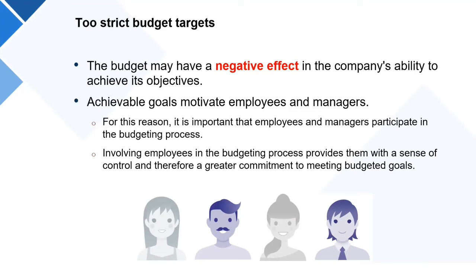So what is the solution? Well, it's to include everyone, as much as possible, in the budget process, giving them a sense of control of the process and of the task. That way the employees will get committed to the goals.